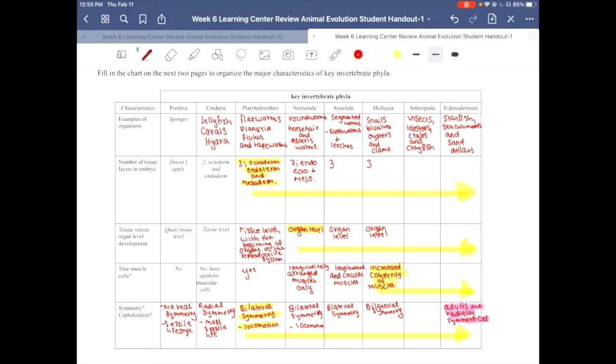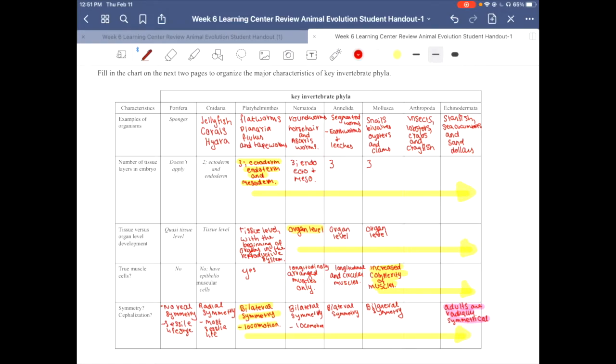It's important to note that the three tissue layers in the embryo originally occurred in Platyhelminthes. So the phyla that came before that do not have that. It's important to note that as a milestone. And then same for organ level. First we have quasi-tissue level, then tissue level, and then a little bit of organs in the reproductive system.